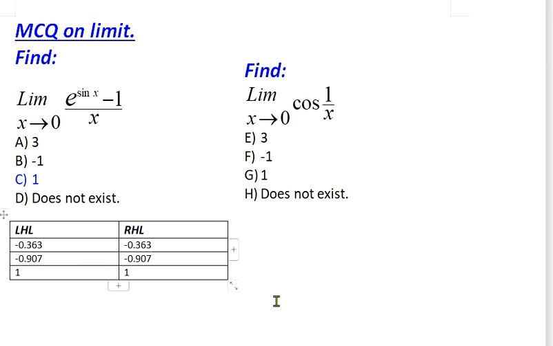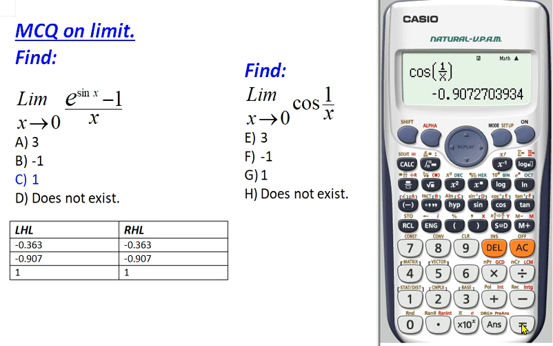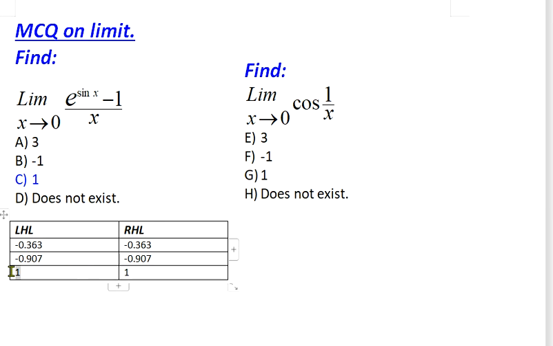Let me do the last one. Let me change the input. Negative 10 raised to the power of minus 6. This is the value of x very close to 0 from the left hand side. The value is 0.936.